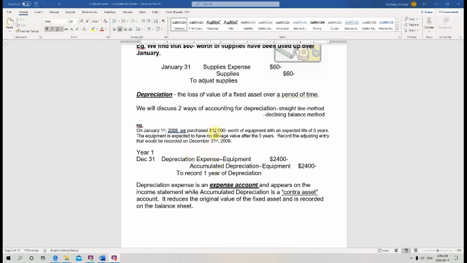So the original cost, 12,000, minus what will be in my bucket after 5 years, which will be 12,000. So the equipment will be worth nothing after 5 years. A contra account like accumulated depreciation equipment reduces another account, specifically in this case, equipment. And we're going to see it on the balance sheet, but we'll get to that in a bit.